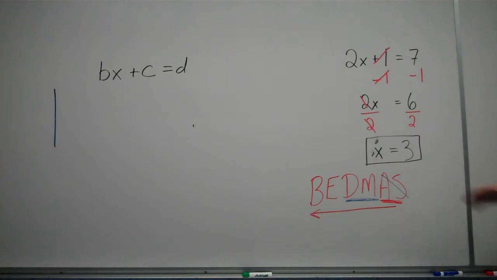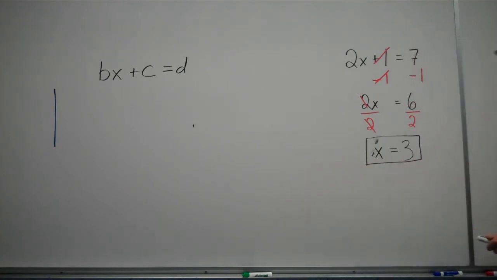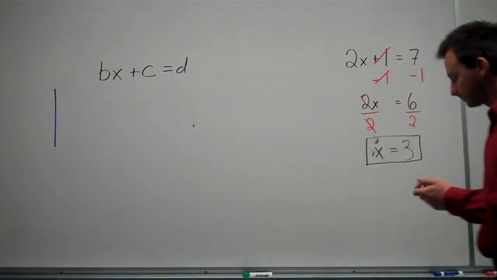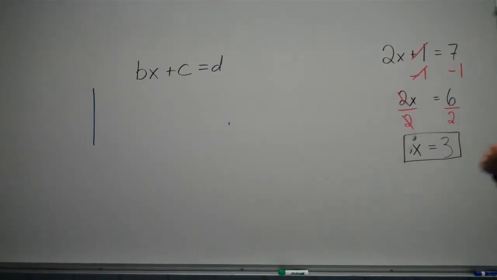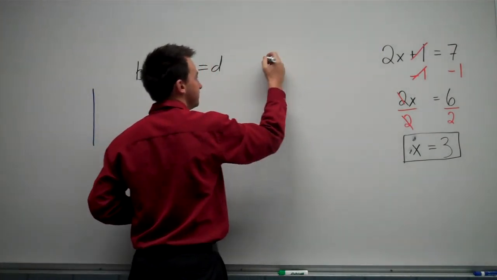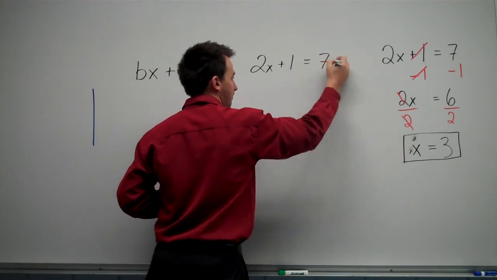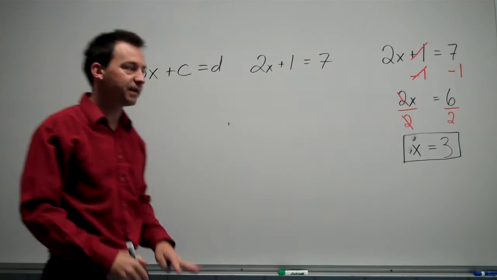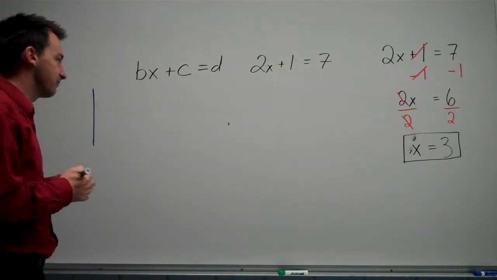Now, how do we take this idea with numbers and apply it to the one with letters? I would like to start by taking this same exact equation that we had here, and do the same steps, but instead of doing the simplification, I'm going to leave it the way it was.